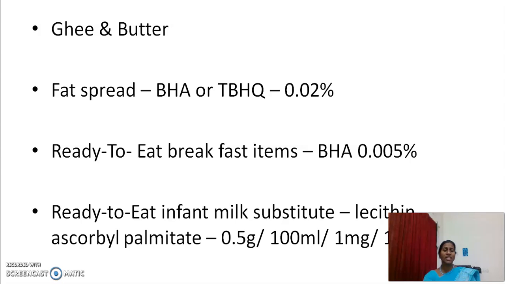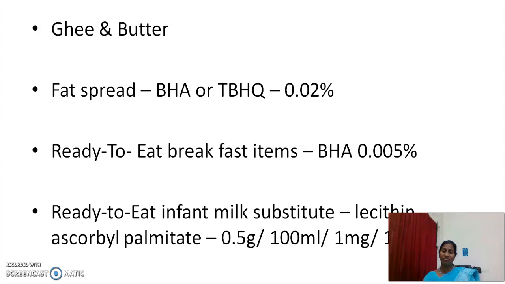In rasagullas and vadas, the antioxidant BHA is added in the amount 0.02%, and it is also added in ghee and butter. And in fat spread, BHA or TBHQ is added in the amount 0.02%. And in ready-to-eat breakfast items, BHA is very commonly added in the amount 0.005%.